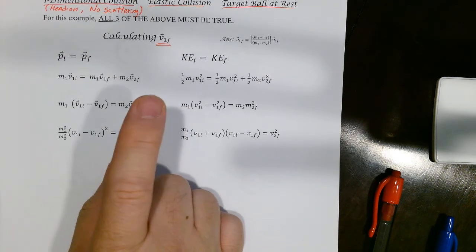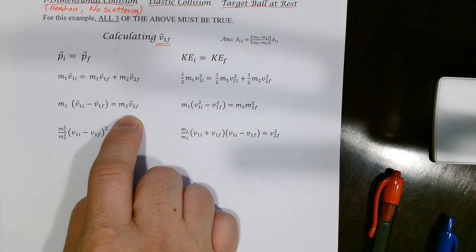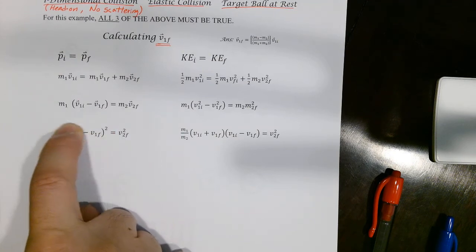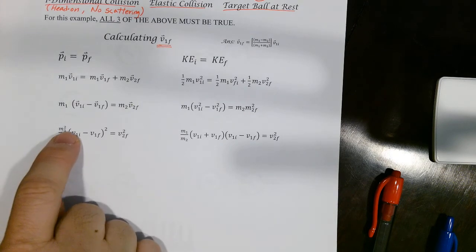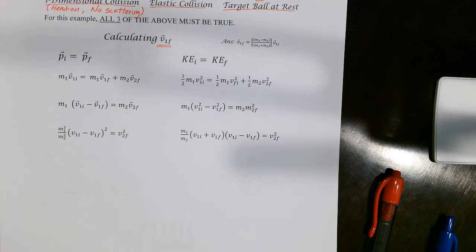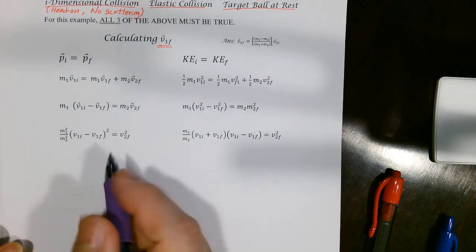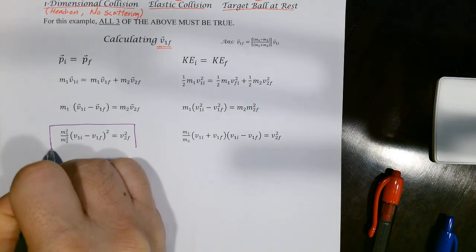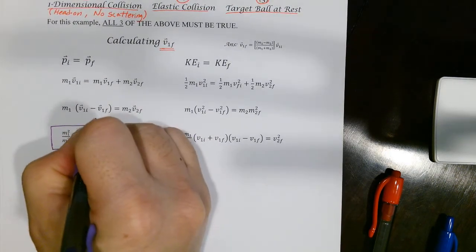Then, if I were to bring this m2 over to the other side and square both sides, this is what I would end up with. So here is my equation 1. This came from conservation of momentum.